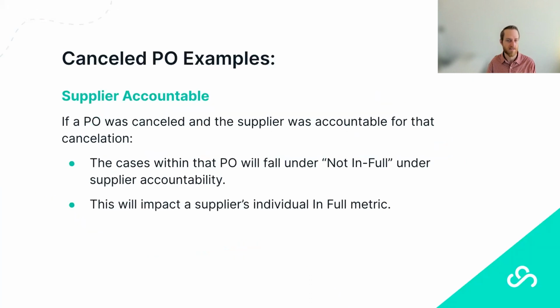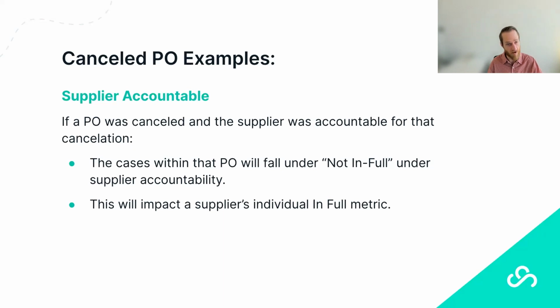So this is exactly what I'm talking about. If you cancel a PO and you choose one of the reasons that apply to supplier accountability, then it's going to be labeled as not in full. That will impact your in full score and potentially bring you below 98% and then potentially cause a fine related to that PO's cases that were not filled.